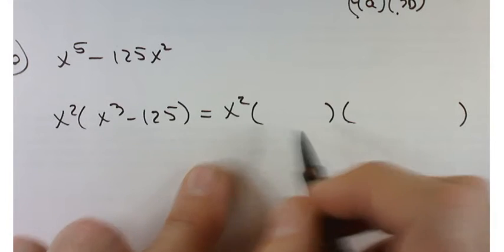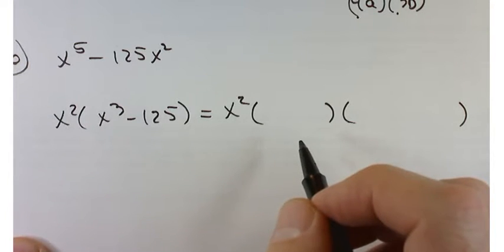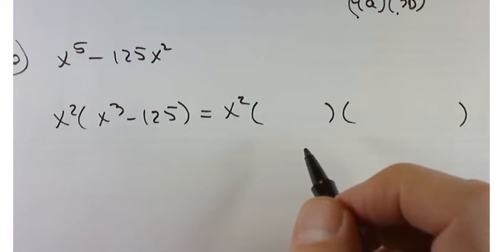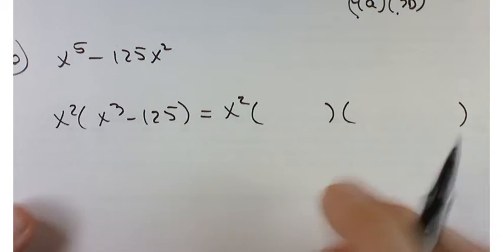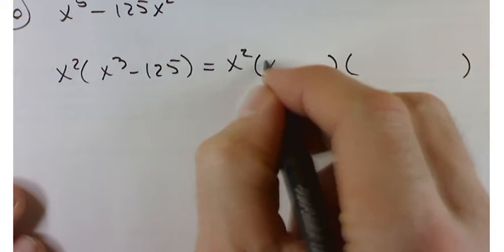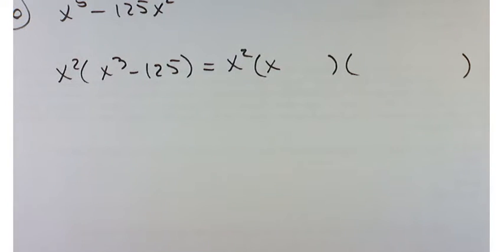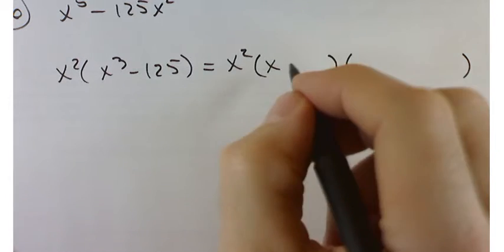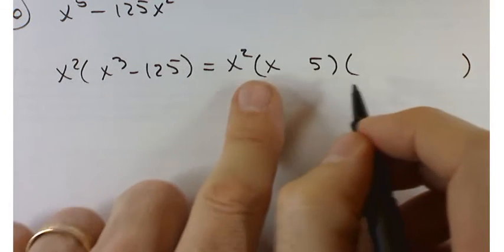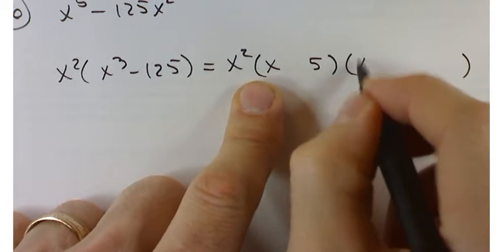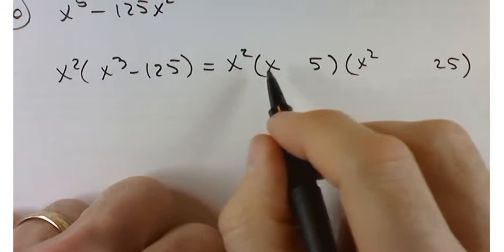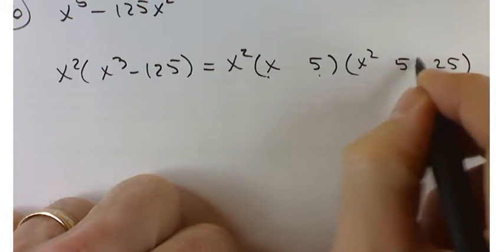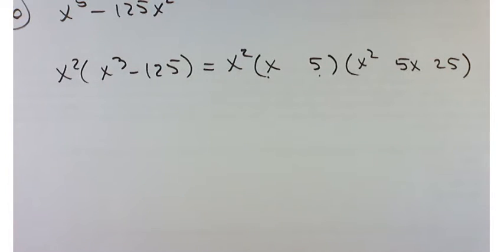What would I put in the first binomial here? Preston? All right, an x, that's a good start. You can look at the list, or you can take out your calculator. And then 5, good. x and a 5. x times x is x squared. 5 times 5 is 25. x times 5, I'll write it as 5 times x.